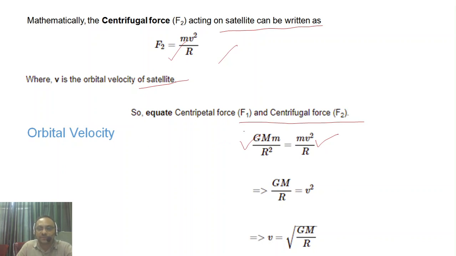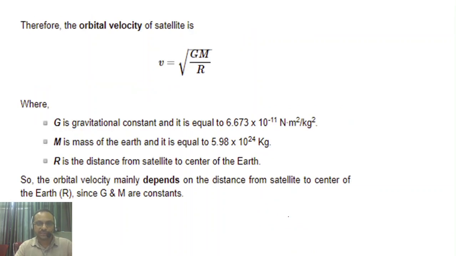So from here G M upon r is equal to v square. We cut the 1 r by this here. This r is cut by this one, and small m is cut from both sides. So we get v square equals G M upon r. Then in last v is equal to under root G M upon r. This is the formula to calculate the velocity of the satellite.